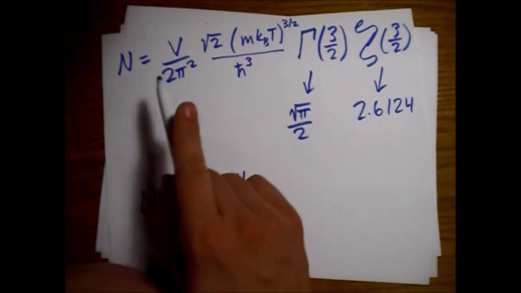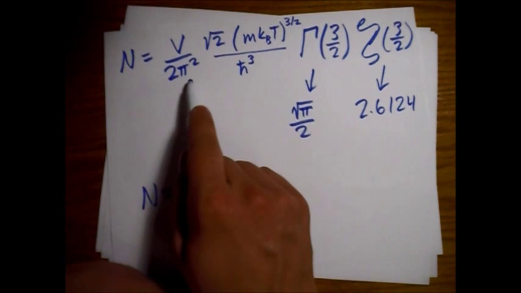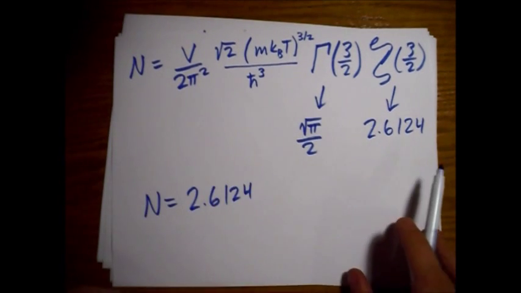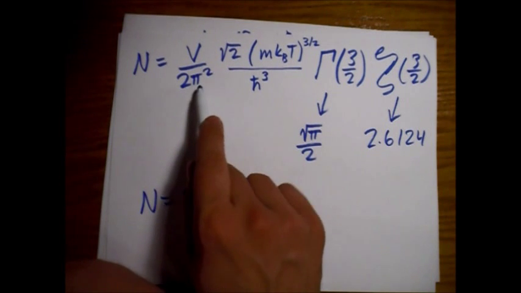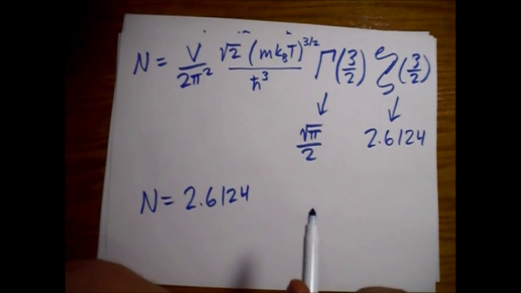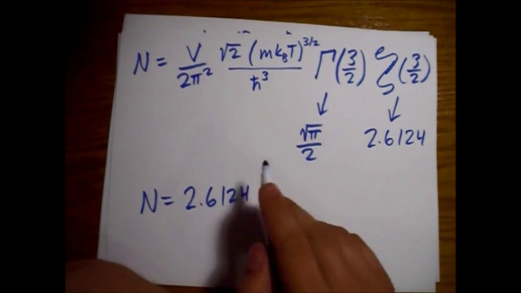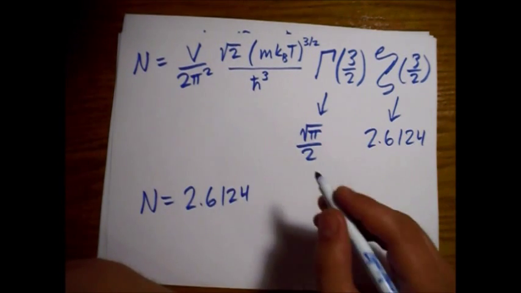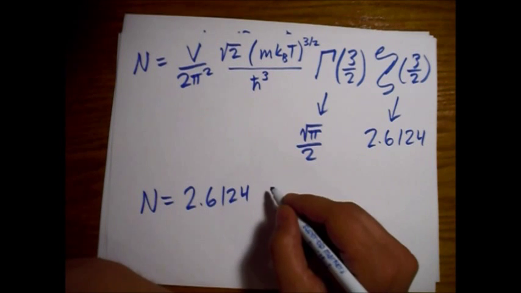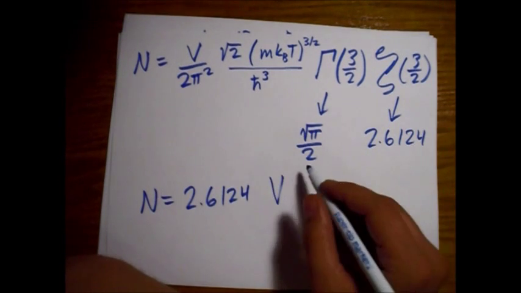What can we do here? So this square root of pi will give us a 3/2 pi downstairs, and then we'll have this 2 on the bottom. So let's see, I'll have a v.